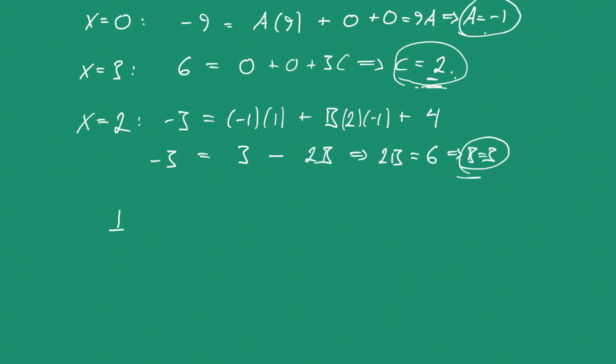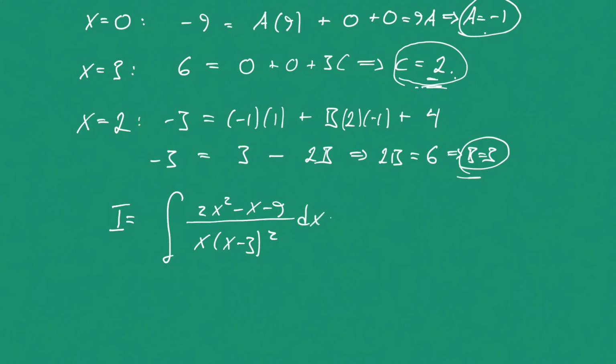So our original integral I was 2x squared minus x minus 9 all over x times x minus 3 all squared. And this was equal to a over x, where a we saw is minus 1, so we're going to have minus 1 over x plus b over x minus 3.